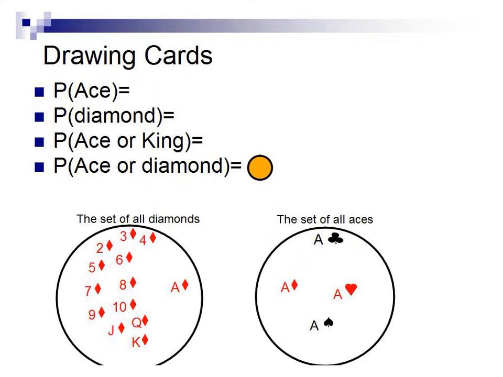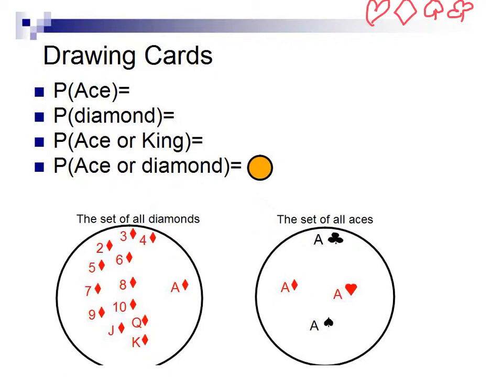Let's look at some problems where we are drawing cards. The probability that you get an ace, let's say. And before we jump right into the card problems, let's make sure that we're all understanding everything there is about cards, and that there are 4 suits. You've got your hearts, you've got your diamonds, you've got your spades, you've got your clubs, and you have all 4 of those suits.